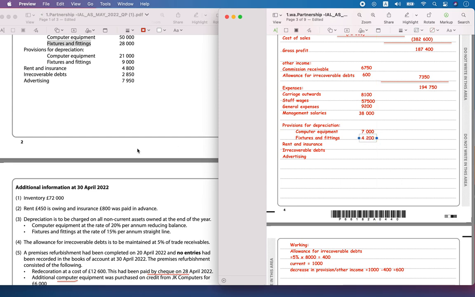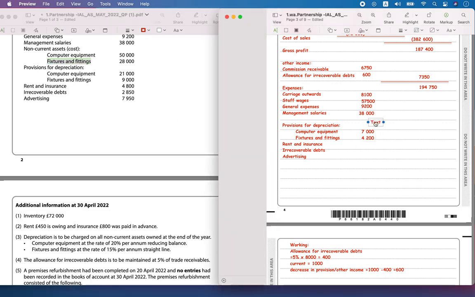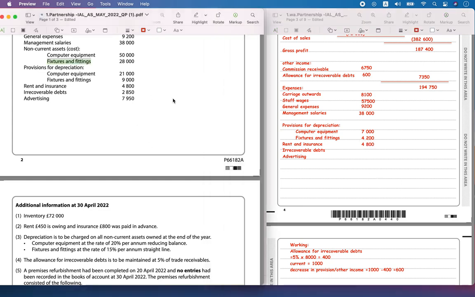Then we have the rent and insurance. The rent and insurance expense was 4,800. Let's write that. And then we had the irrecoverable debt, which was around 2,850.